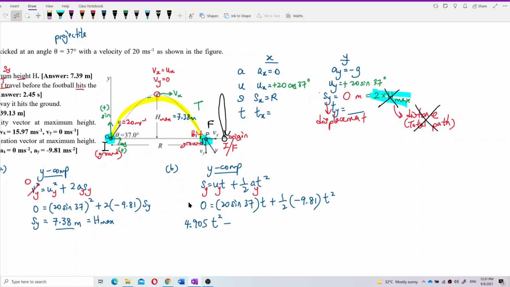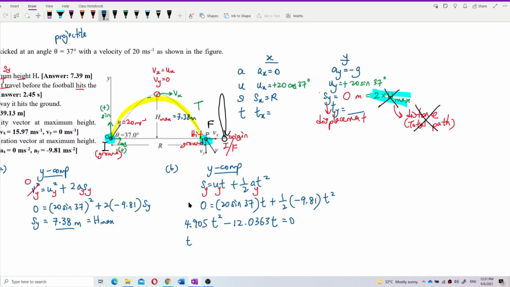And then 20 sine 37, which is 12.0363, goes to the other side and becomes negative, times t, equal to 0.